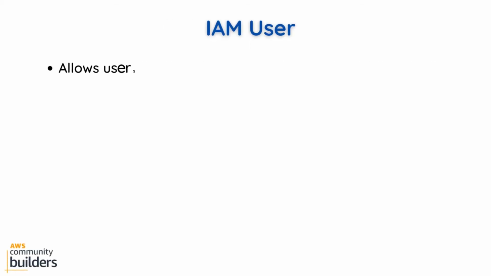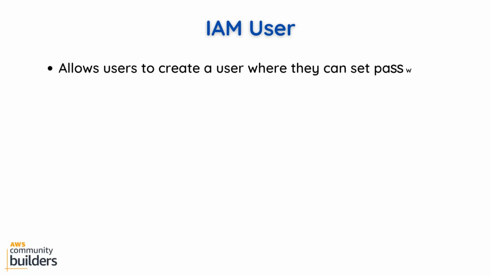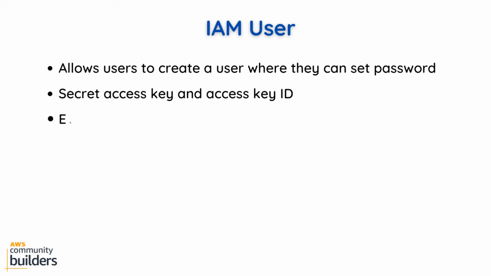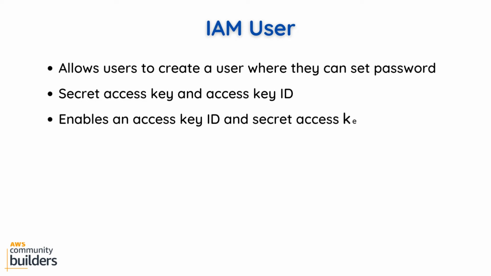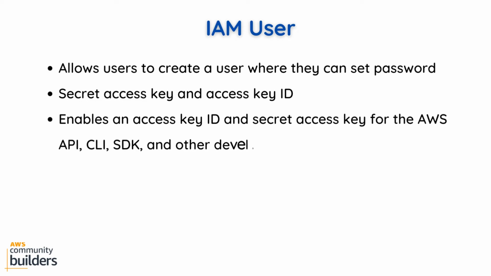Second is IAM user. The user management console allows you to create a user, where you can set a password and create a secret key and access key. We can create multiple users at a time. The secret access key and access key ID play important roles here to access AWS resources without a username and password. They enable an access key ID and secret access key for the AWS API, CLI, SDK and other development tools.